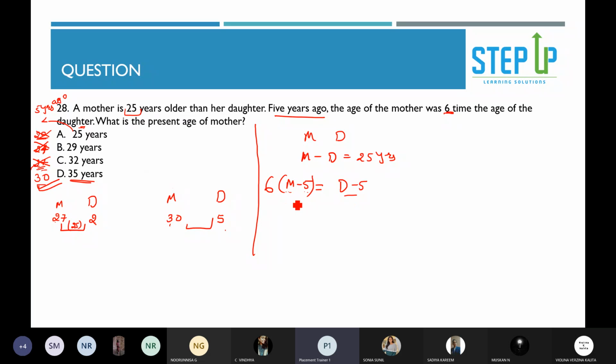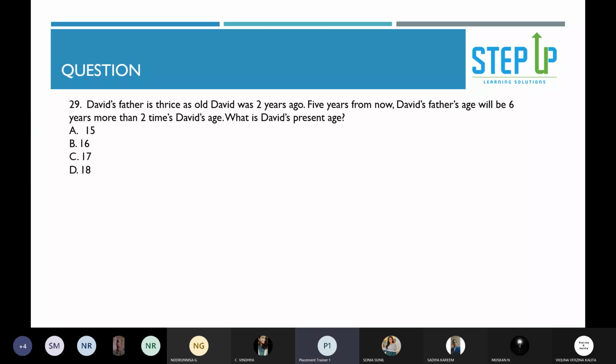So you can solve this equation and you will get the answer. Okay, 6d minus 30 is equal to m minus 25. So you need to take the value of m minus d. Fair enough? Can you solve? Yes, ma'am. But I'll say go with the options whenever you can. All right, try this one.